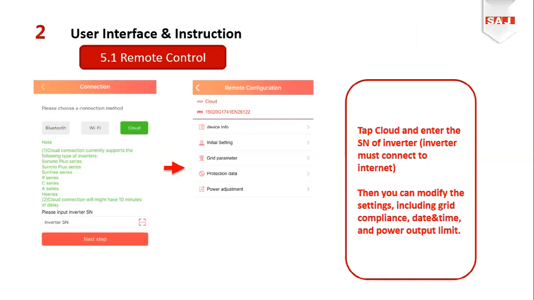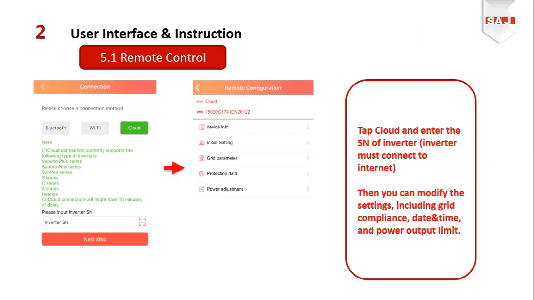Inside the initial setting, initial setting means that when you first start up the inverter, it requests you to select the country with the country code, and also to set the correct date and time.